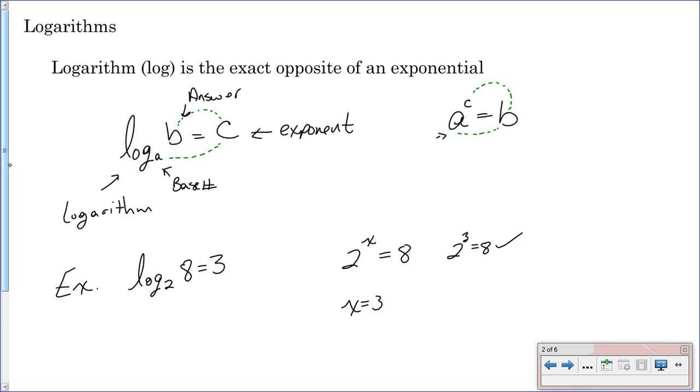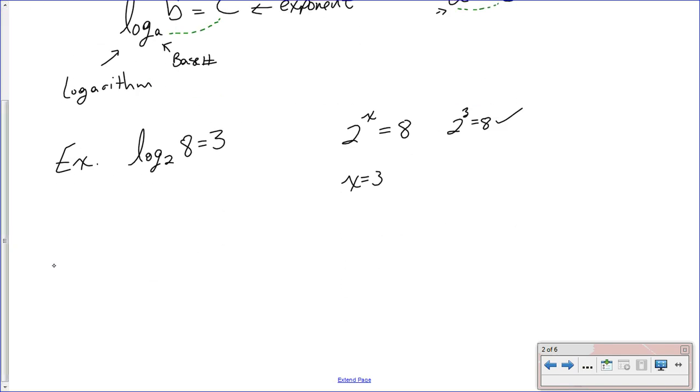Let's look at another example. The log base 3 of 243. What does this equal? Well, if you rewrite it in exponential form, you're going to say 3 raised to what power is 243?